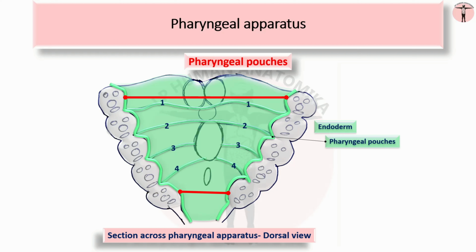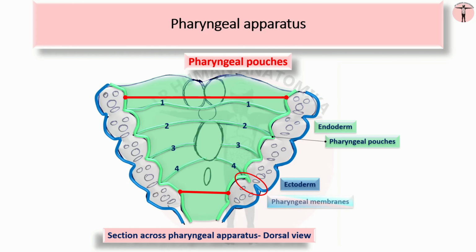The endoderm of the pouches contacts the ectoderm of the pharyngeal clefts or grooves, which together forms the double-layered membranes called pharyngeal membranes. Since the epithelial endodermal lining of the pouches gives rise to a number of important organs, the fate of each pouch is discussed separately.